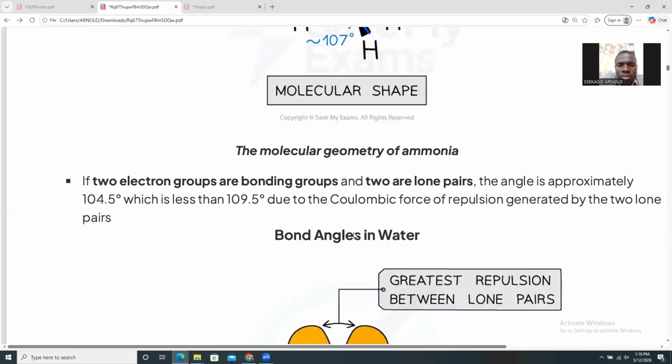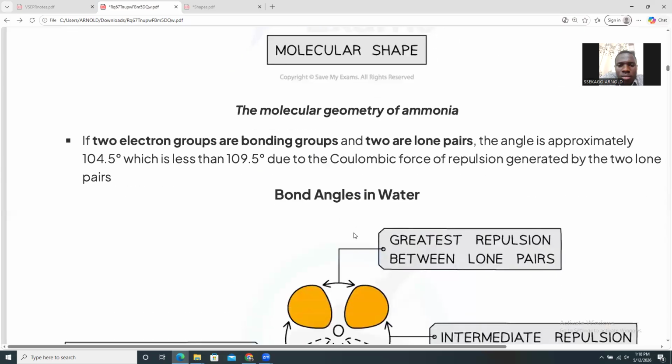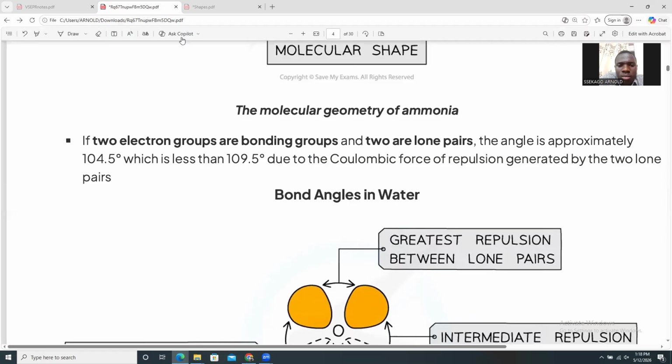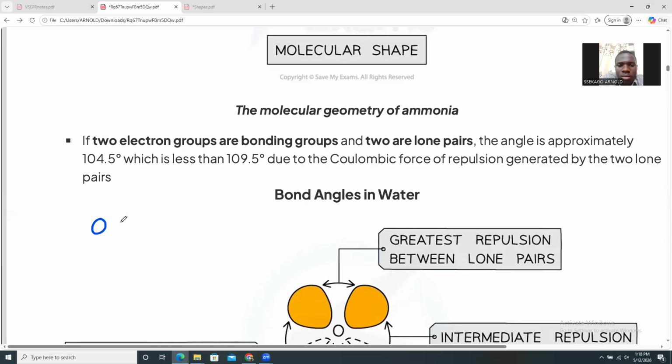Another example is water. Look at the structure of water which we drew in class for covalent bonding. In that structure, you have O carrying H and another H, like that. Then that O has 2 groups, like that.